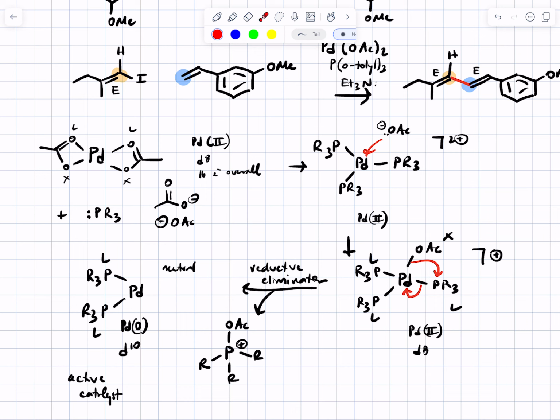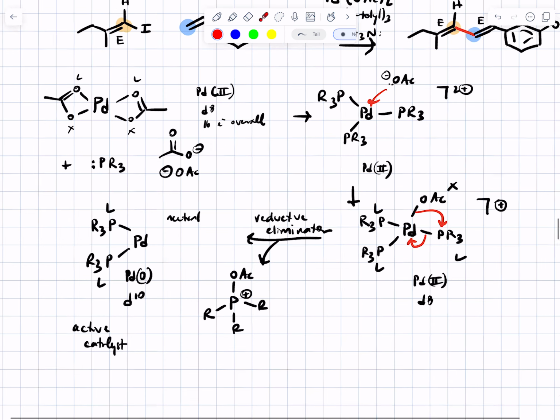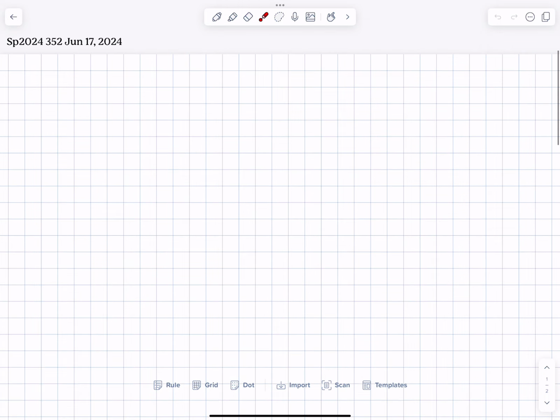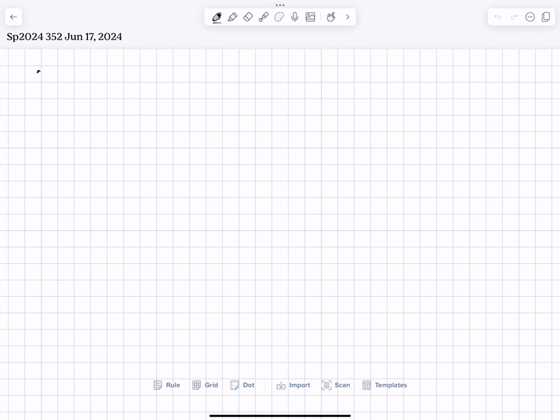So there's not going to be any oxidative addition or reductive elimination. But the reaction is called olefin metathesis. So that's going to be our final reaction in chapter 28. And this is also a Nobel Prize winning reaction.